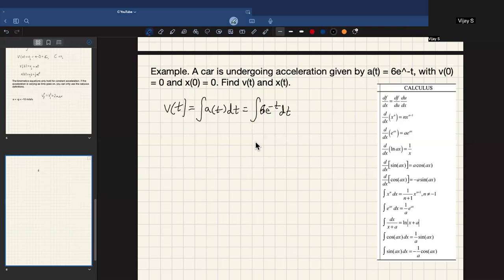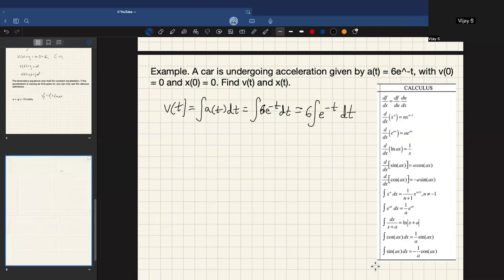So in this case, with 6e to the negative t, we're taking the area underneath that graph. That's the same thing as pulling out the 6 and then taking the area of e to the negative t. So let's go ahead and do that. So we get 6 times the integral of e to the negative t dt.